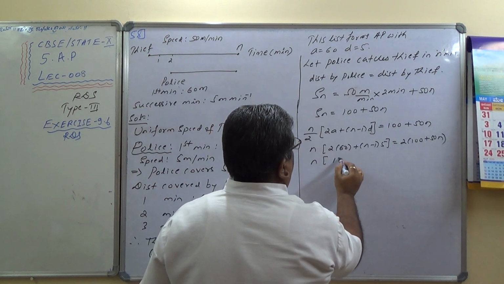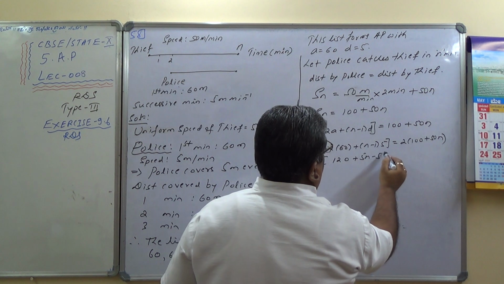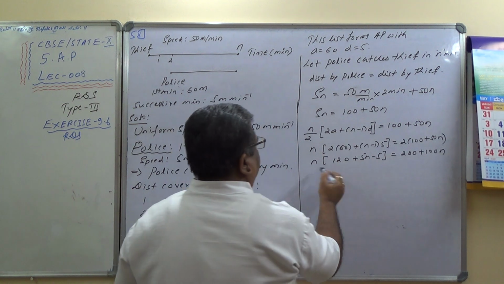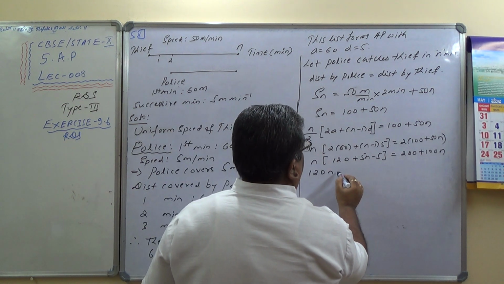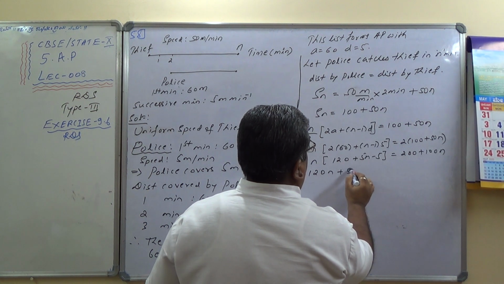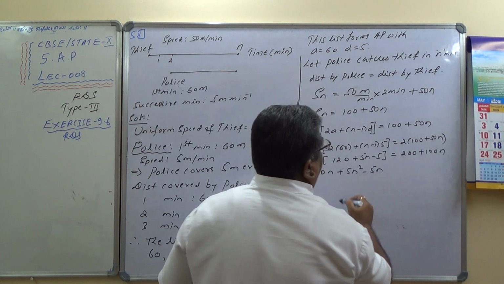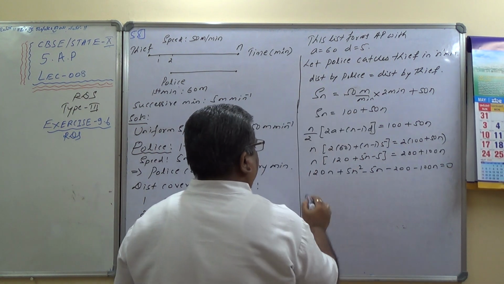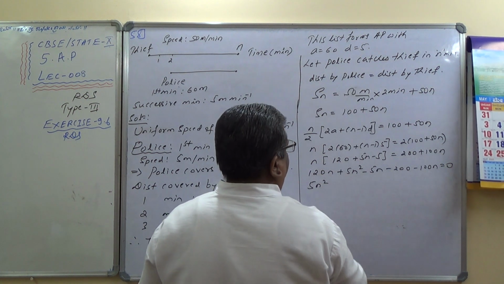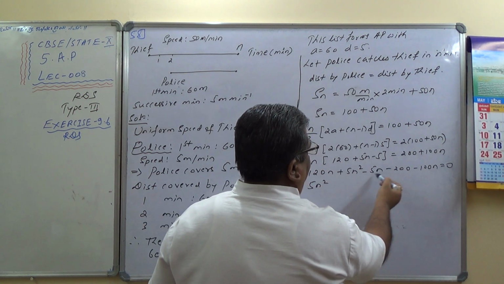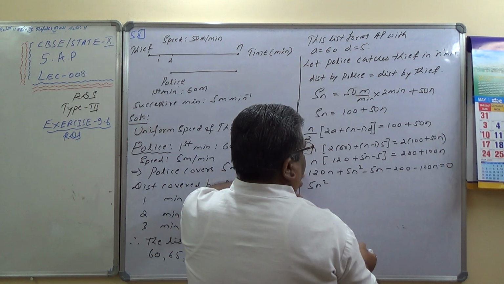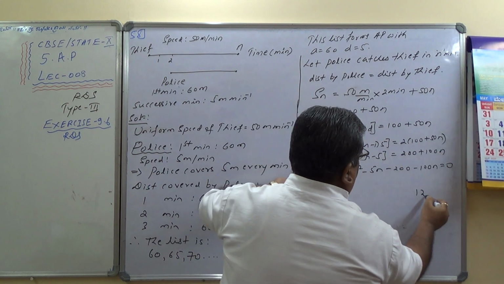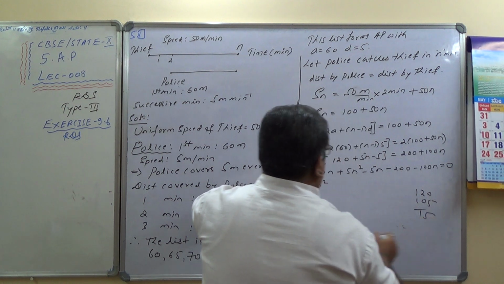So 100n, this is 120n plus, equals 0. 5n square, 120n, see here all these are negative, 120n minus 105n, which is 15.